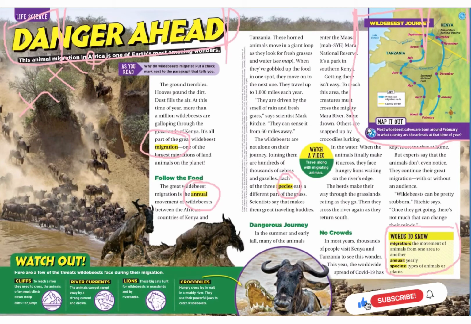I also noticed that this text actually has features like a subheading or a subtitle. In this case, each subheading is responsible for telling you something new. Each subheading gives you new information that you have not read before.